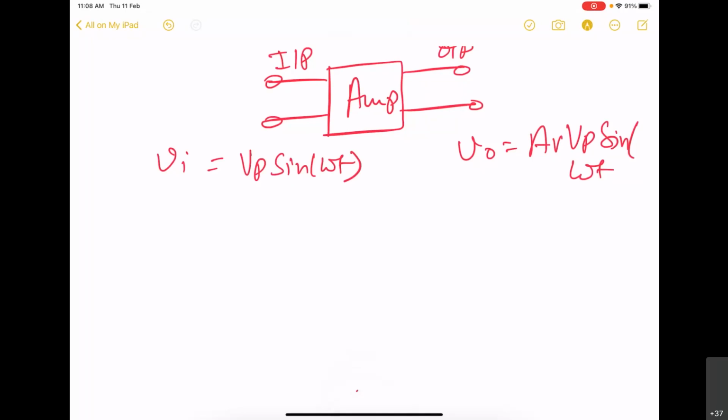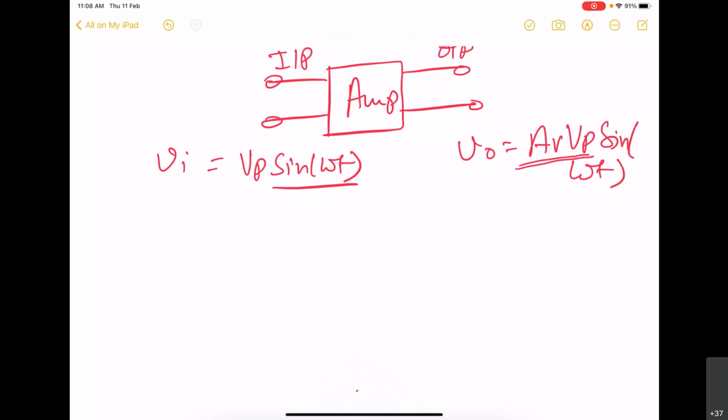So here we see that we have similar sinusoidal output and sinusoidal input. But up till now, we have been focusing on what happens to the amplitude of the amplifier.